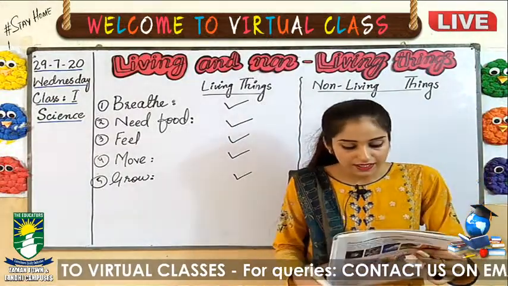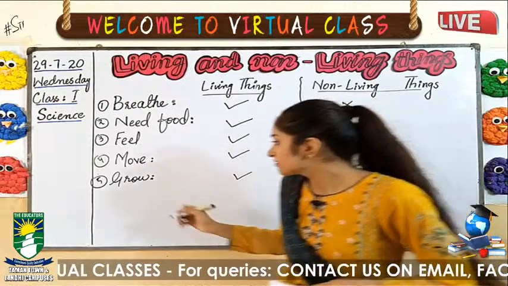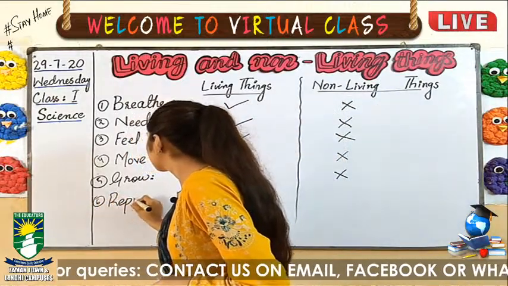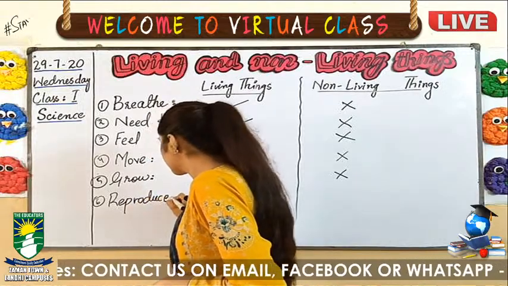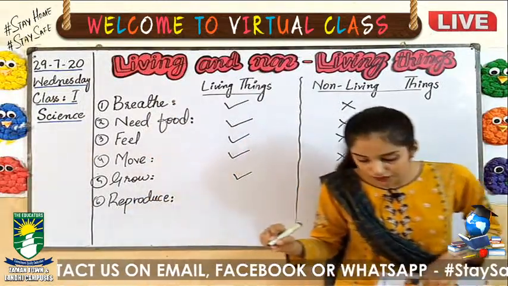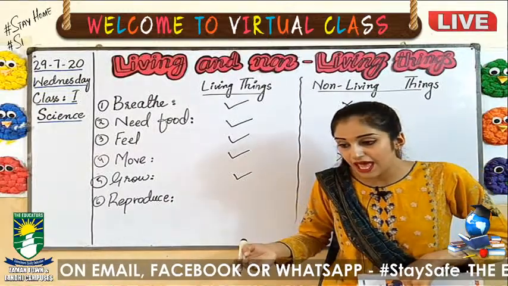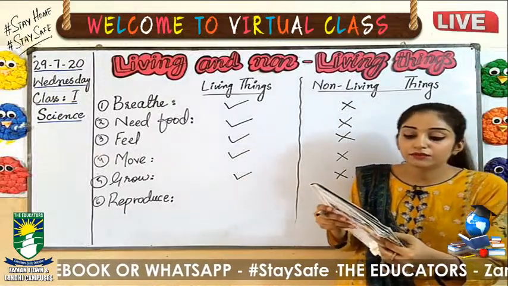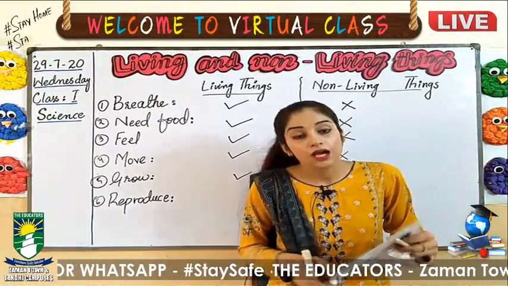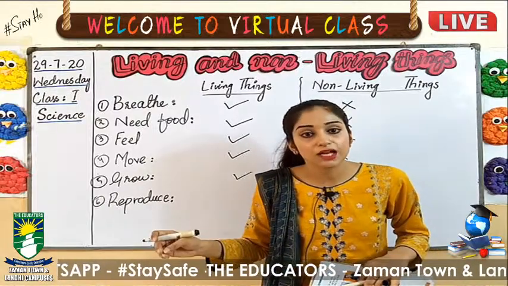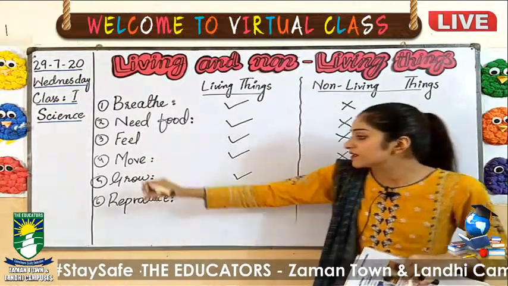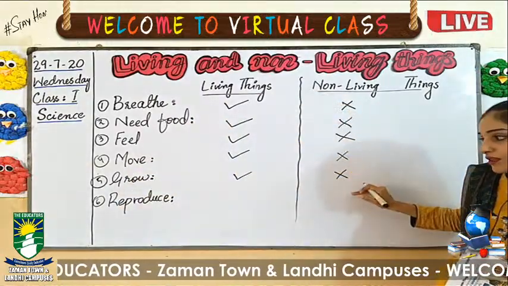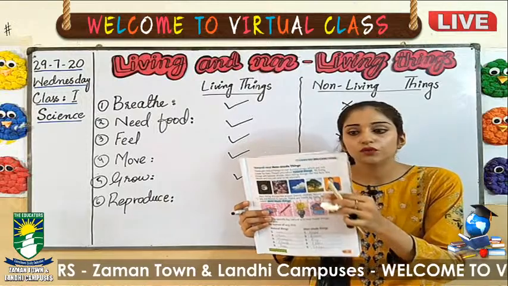The last one is reproduce. What is the meaning of reproduce? Reproduce means living things can have young ones. They can have babies. As it's written here, animals can give birth or lay eggs, and plants can grow with the help of seeds. This is called reproduction, to increase the number, right? But this book cannot produce another book.